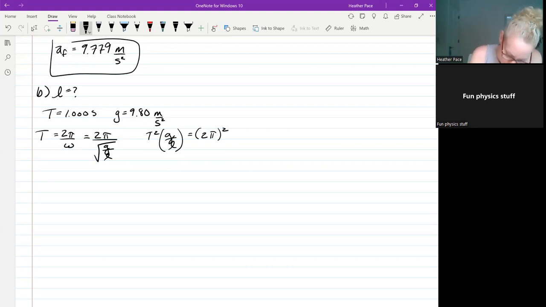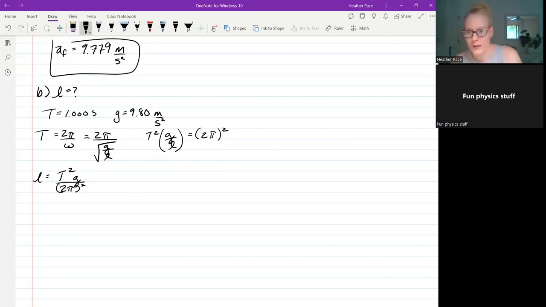We're solving for L, so we get L equals T squared g all over 2 pi squared.